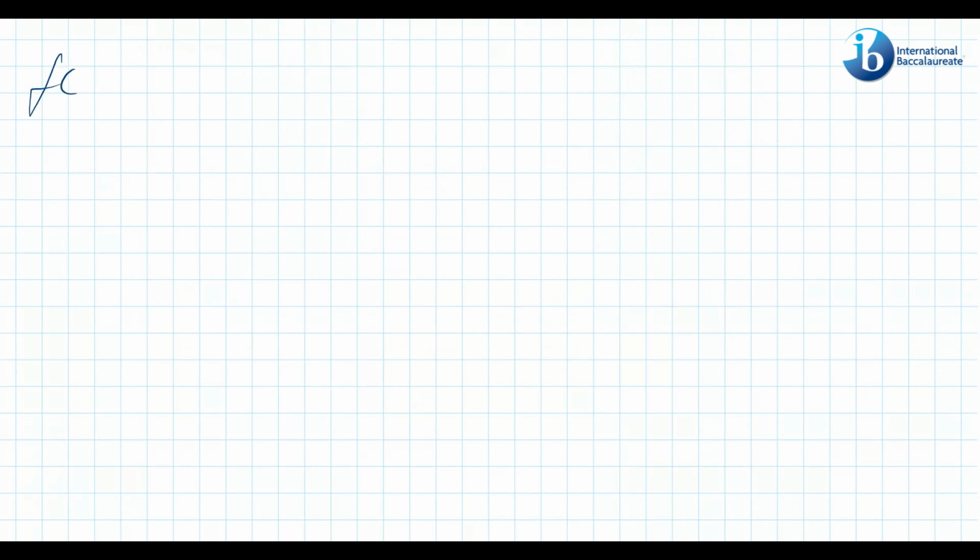Okay. f of x equals 3x squared over sine x. And we need to find f dash of x.